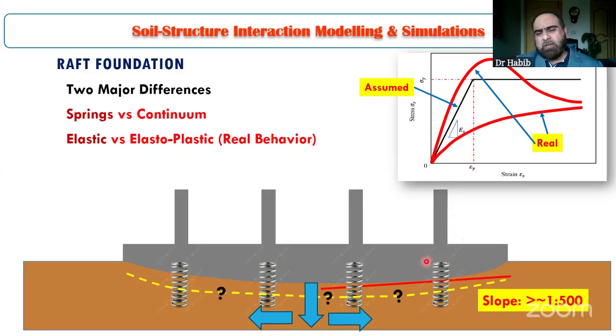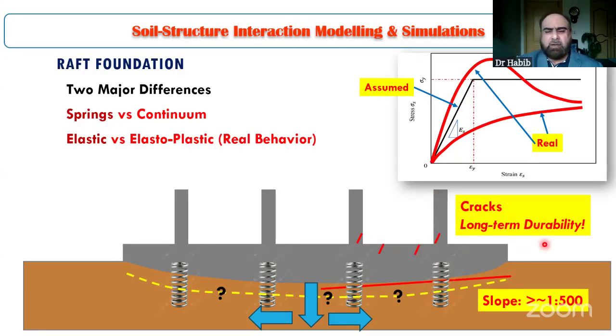Then in reality there will be distortion much higher than that, and the slope will be steeper over here, and it will result in the formation of cracks along the column and foundation joints or within the foundation. So this seriously undermines the long-term durability of the structure.